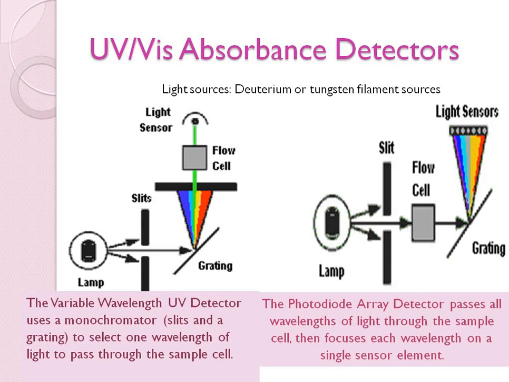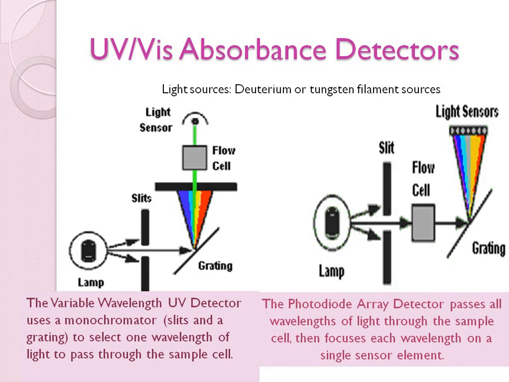Generally the common UV detector gives us 2D spectra, and the photodiode detector gives us 3D spectra. In the variable wavelength or single wavelength detector, we are passing monochromatic light towards the sample, and the detector is detecting the transmitted light obtained from the sample.